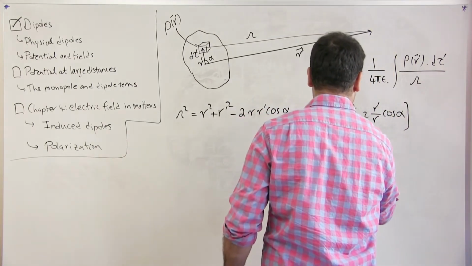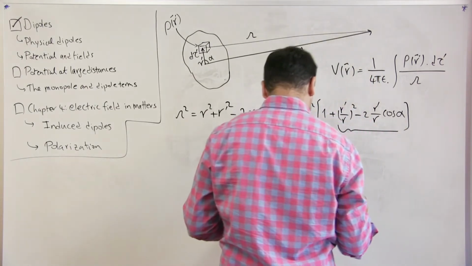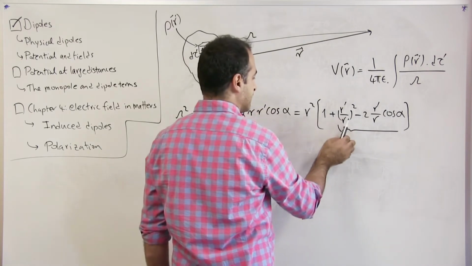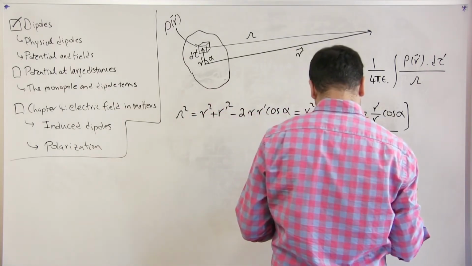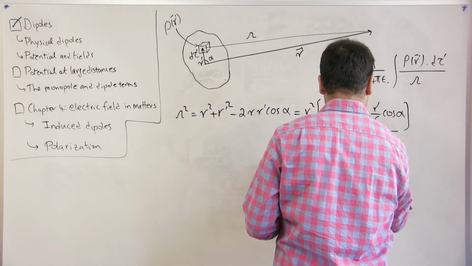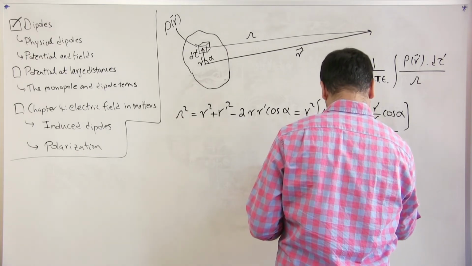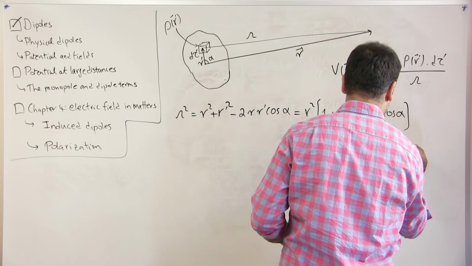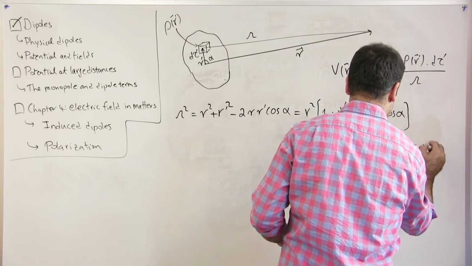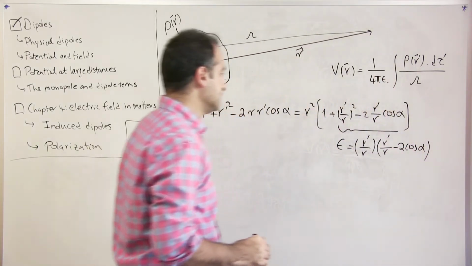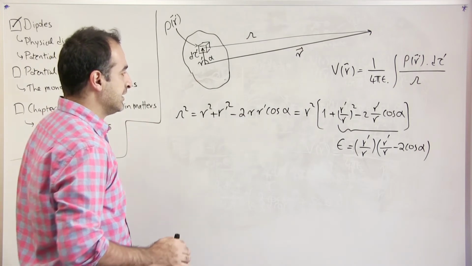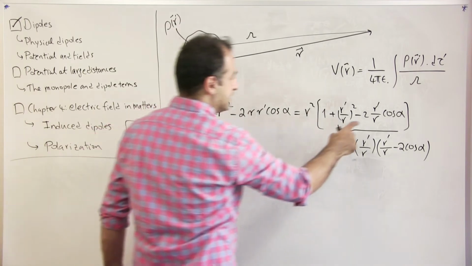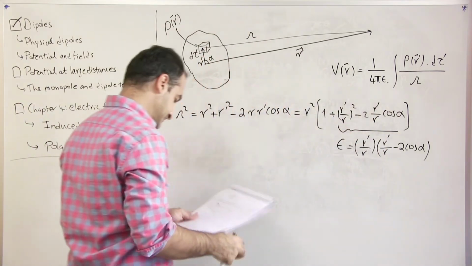So this term, I can say that it's like epsilon because it has r prime over r terms. They are small, and that is r prime over r times r prime over r minus 2 cos alpha. Okay, and because r is big and r prime is small, this term here is small.